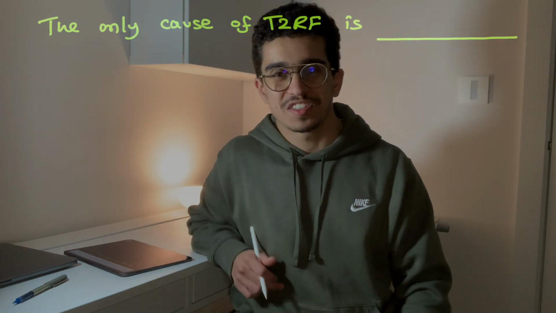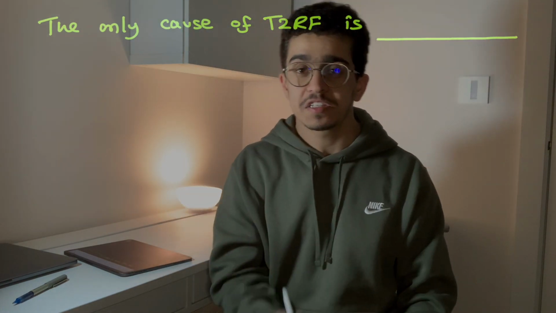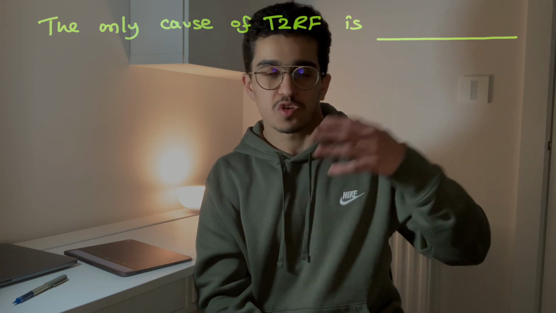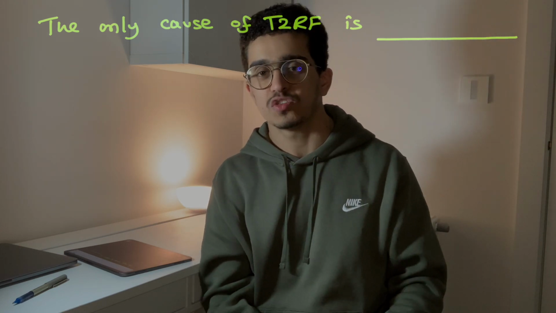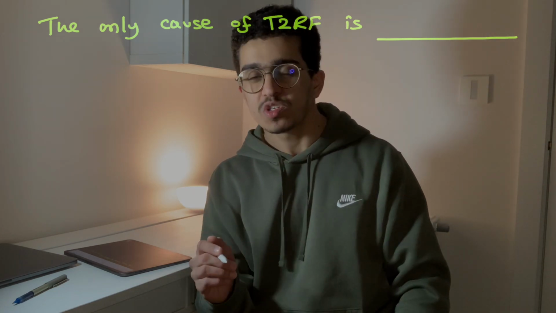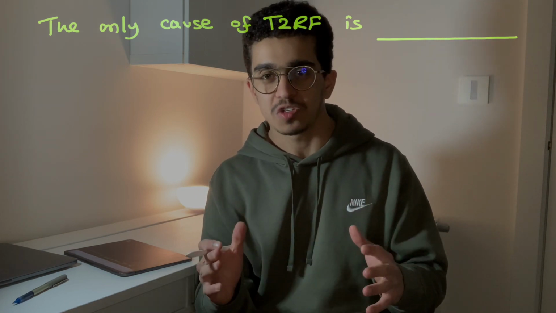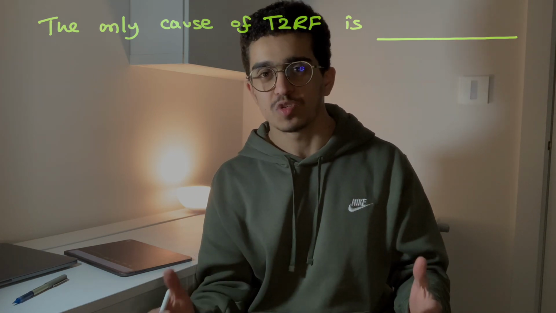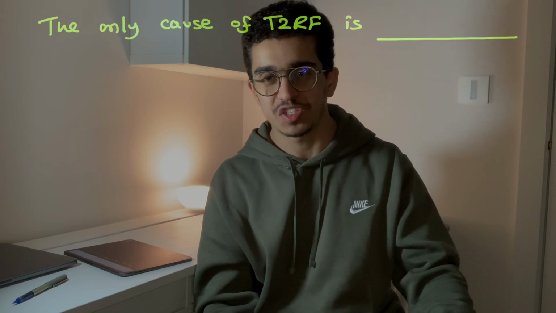So what causes type 2 respiratory failure? Unlike type 1 respiratory failure, which is caused by a number of things which can lead to hypoxia, the only cause of type 2 respiratory failure is hypoventilation.